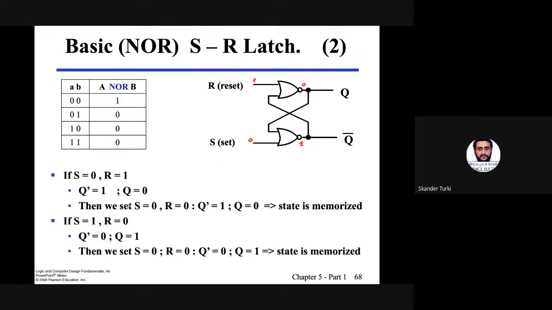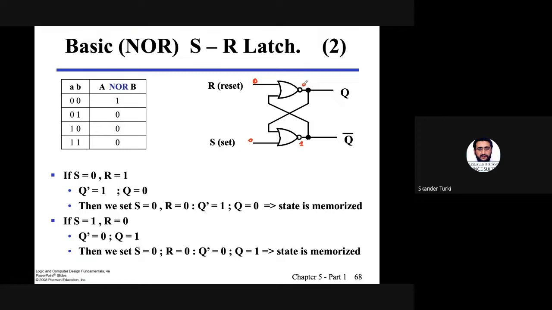Okay, so here, for example, if we set S to 0 and R to 0, let's set R to 0. So if we set R to 0, we have 1 here. So 0, 0, 0 here will give 1, and the circuit will not change because we already have 1 here.